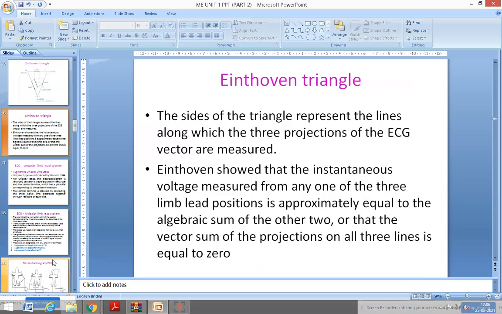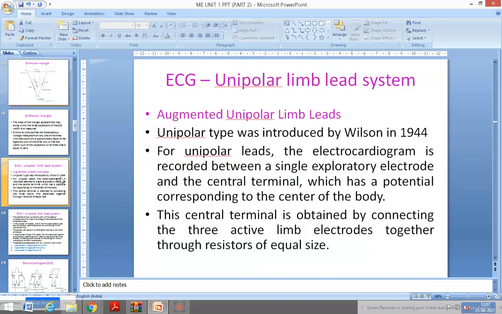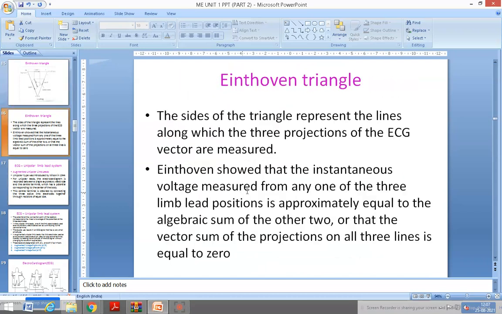So, the Einthoven triangle: the sides of the triangle represent the lines along which three projections of the ECG vector are measured. Each side represents the lead 1, lead 2 and lead 3 system. Based on the sides of the triangle, you can represent the position of your electrodes in the human body.